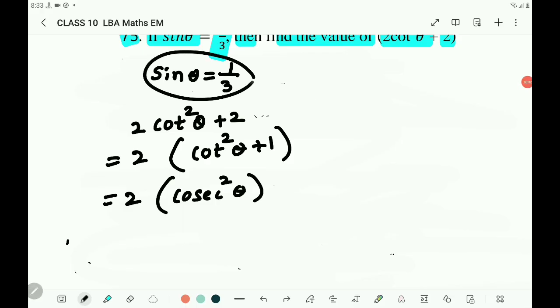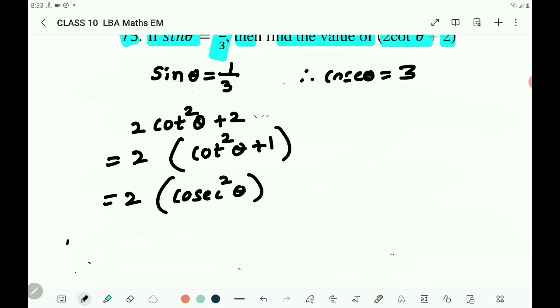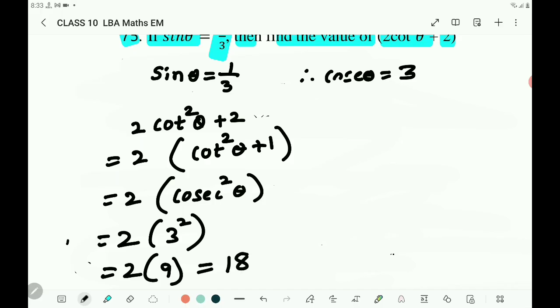But here sin theta is equal to 1 by 3, then cosec theta is the reciprocal of sin, cosec theta is 3. Then you can write 2 into 3 square, which is equal to 2 into 9 equals 18.